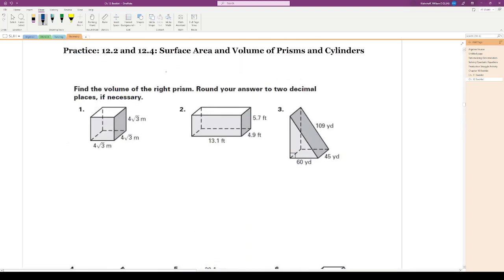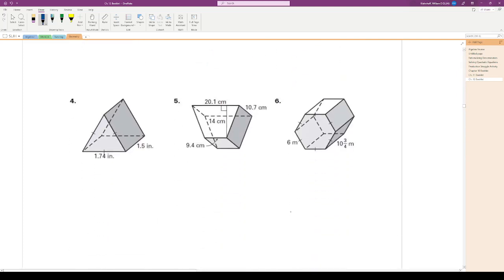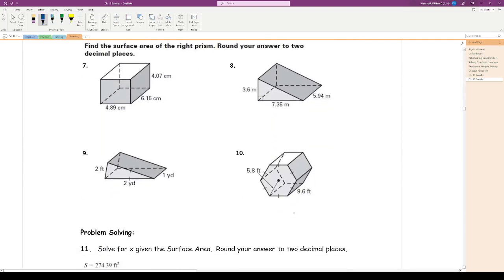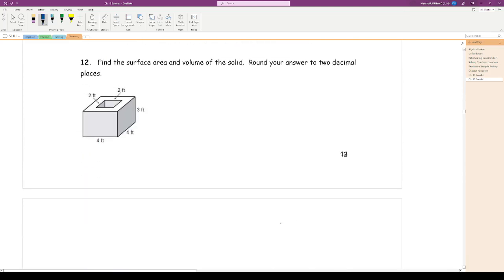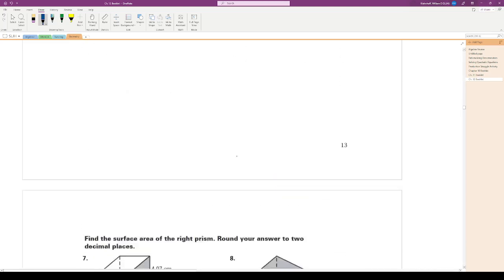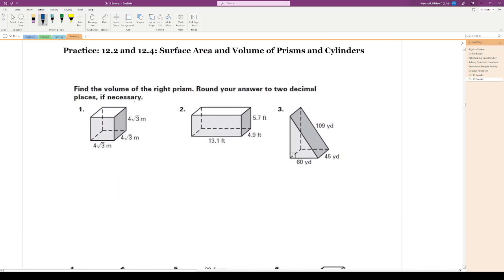So yeah, if you're doing volume, multiply by the height. That's pretty much it. So there's some practice here for you to try. We even have a composite figure, where we're subtracting one prism from another. But try those out, and hopefully this is all just familiar review stuff.